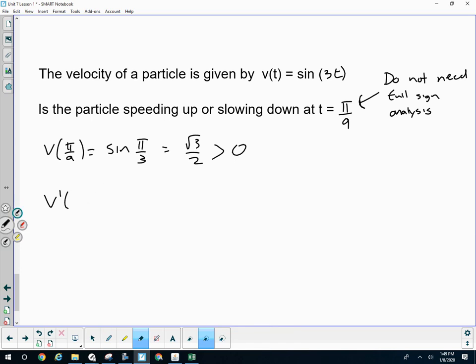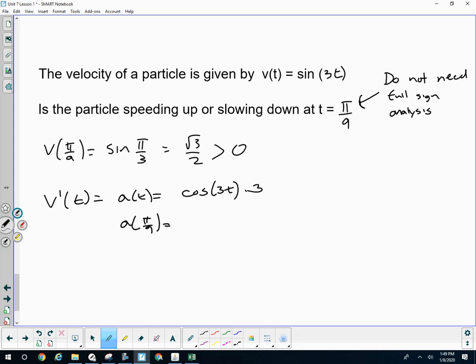You've got to use the chain rule. I don't know if you remember the chain rule. Derivative of the outside, leave the inside alone, times the derivative of the inside, then plug in pi over 9. It turns into cosine of pi over 3 times 3. The cosine of pi over 3 is also positive.